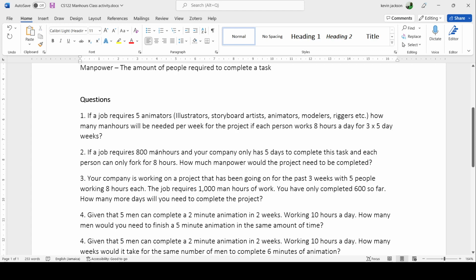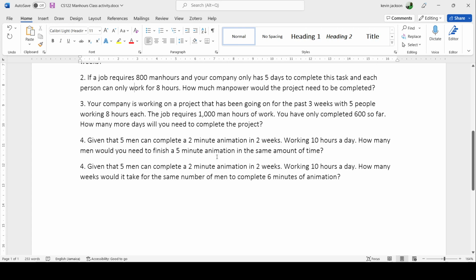If a job requires 800 man hours and your company only has 5 days to complete this task, and each person can only work 8 hours, how much manpower would the project need to be completed? Your company is working on a project that has been going on for the past 3 weeks with 5 people working 8 hours each.